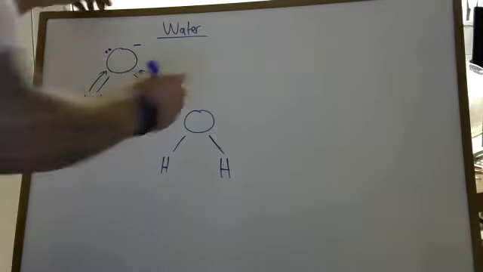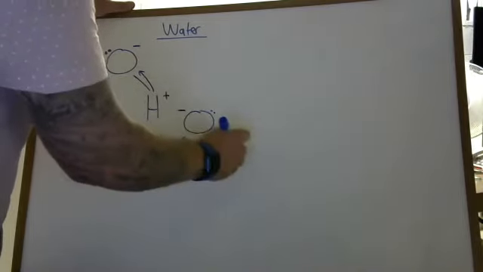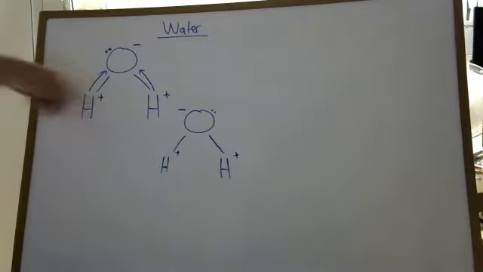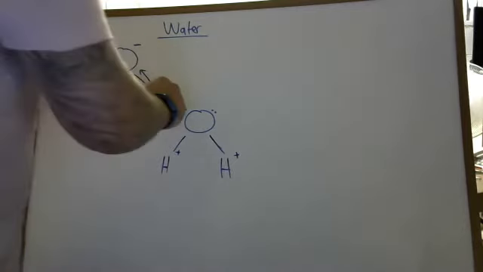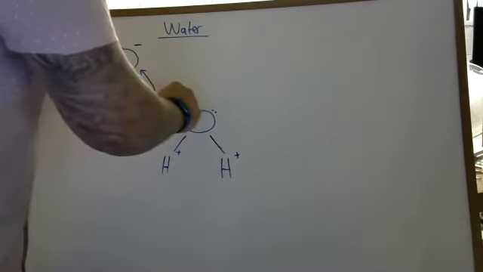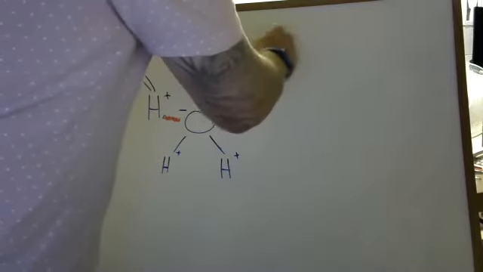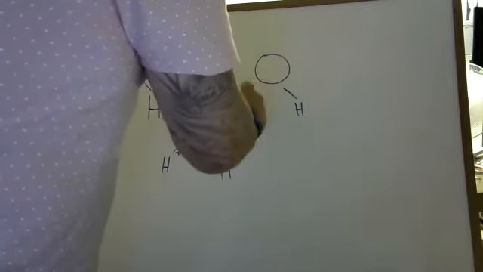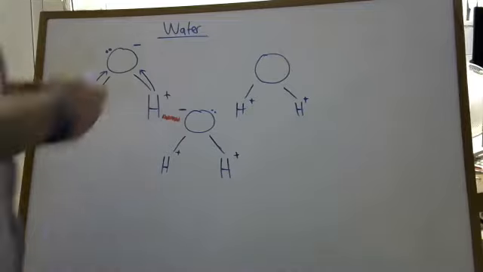We know that, so we get a bond between them, and we get another water molecule. We start building this diamond shape.